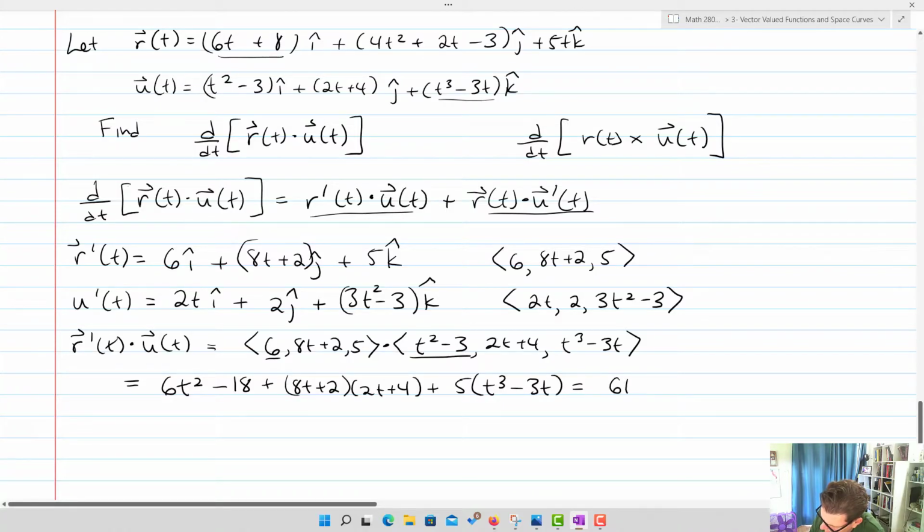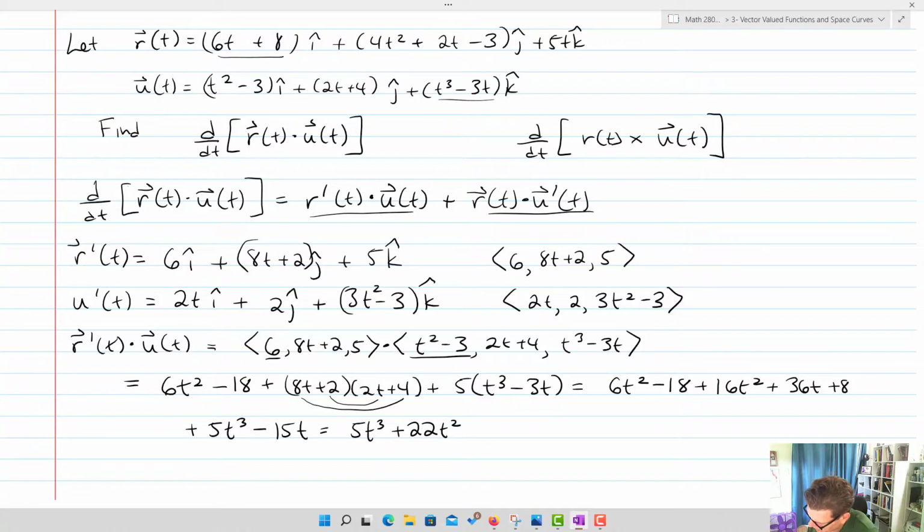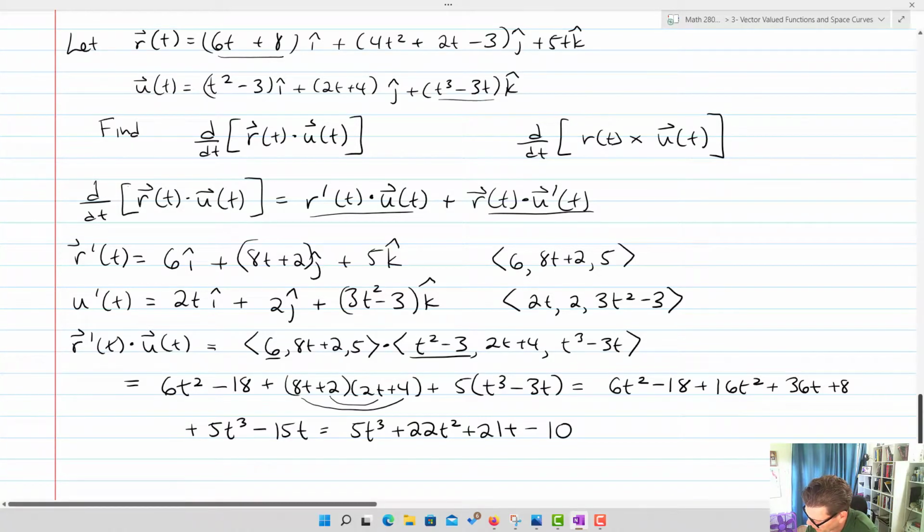So this gives me 6t squared minus 18 plus 16t squared plus 4t plus 32t, so plus 36t, plus 8 plus 5t cubed minus 15t. Combine my like terms, and I get 5t cubed plus 22t squared plus 21t minus 10.